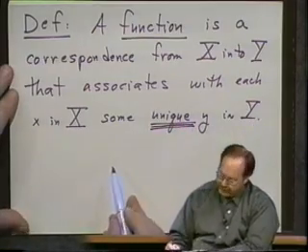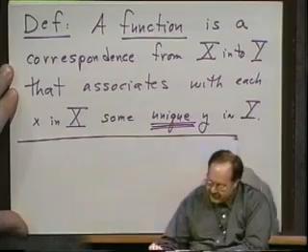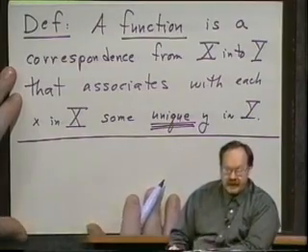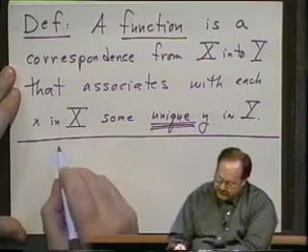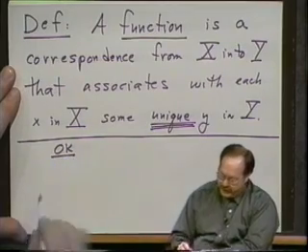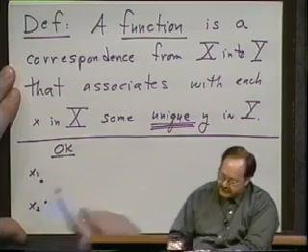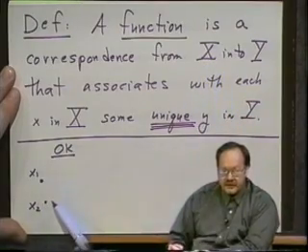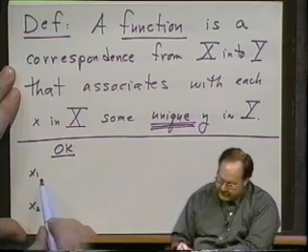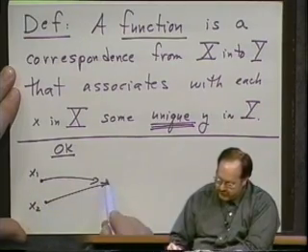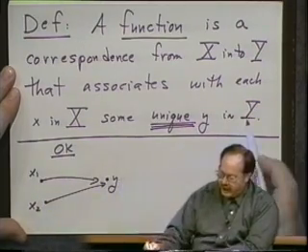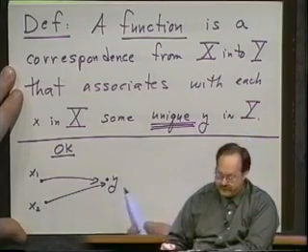It's unique. So another way to see that is with the arrows that I had on the other page. This means the following situation is okay. If you have two of these elements that live in the X set, say call them x1 and x2 to distinguish them, it is possible that they can both go to the same element y in the Y set. That's okay.